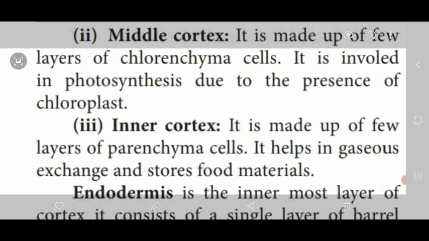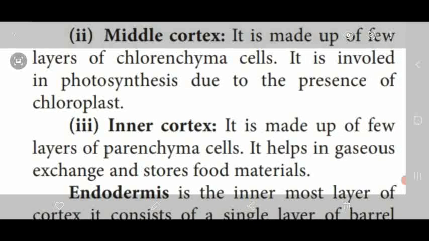Next one, inner cortex. The inner cortex is made up of loosely arranged parenchyma cells, that means with a lot of intercellular spaces, which help in the exchange of gases at the time of respiration as well as photosynthesis.